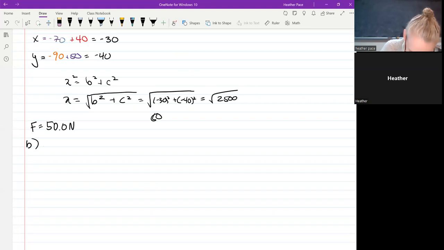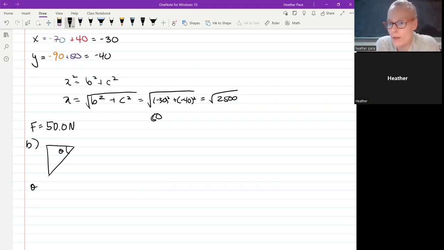Sorry. This and this. Okay. So if we are to draw our triangle here, direction basically means we're looking for theta. So we could express that as north of west. We could say it's so many degrees below the negative x.